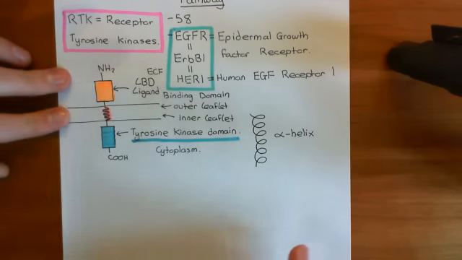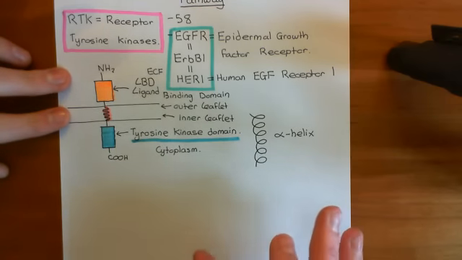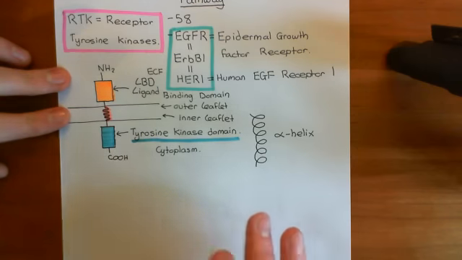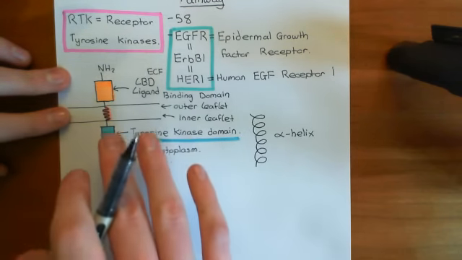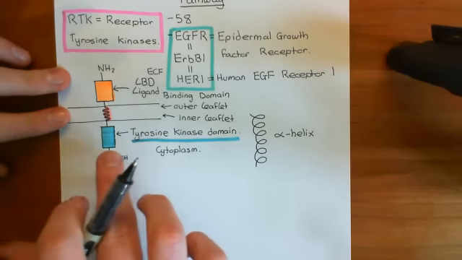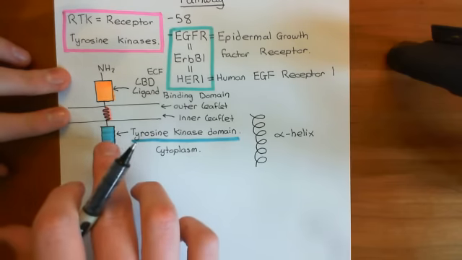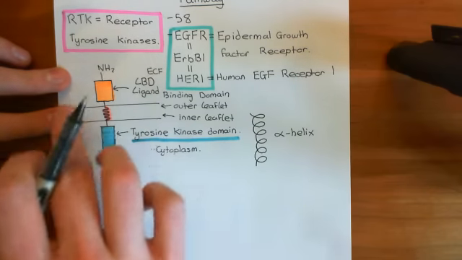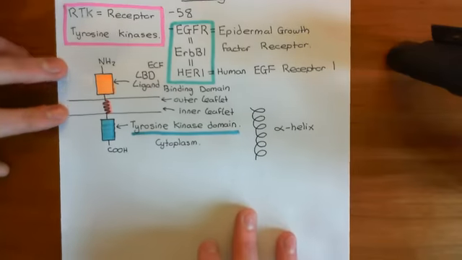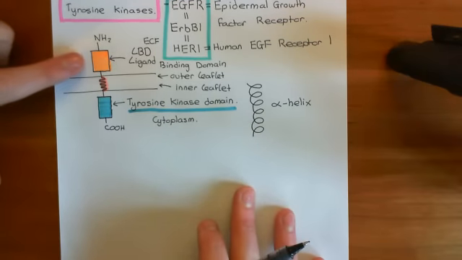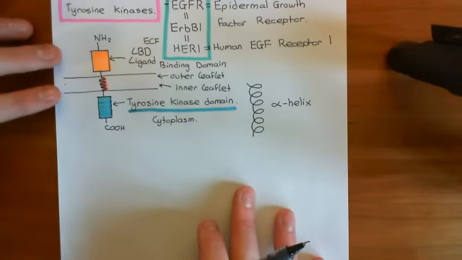There are many examples of other tyrosine kinases, some of which we'll come across later, which are just free in the cytoplasm. They're not attached to receptors. This is special because this is a tyrosine kinase enzyme that's part of a receptor. It's in the same polypeptide as another portion that makes up a receptor.